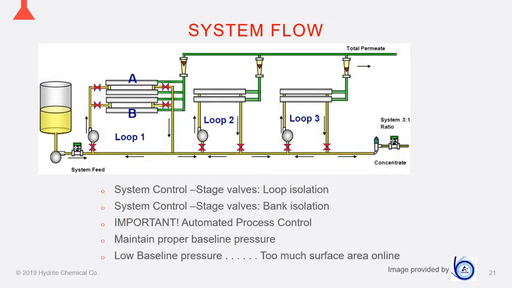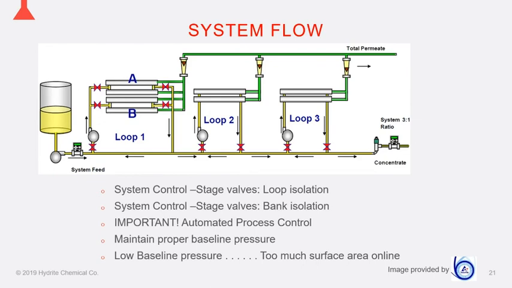As I mentioned, our membrane systems are made up of a lot of valves, stainless steel, piping, lots of pumps, etc. What this example shows is a UF system, a microfiltration system that has stage or loop isolation valves.